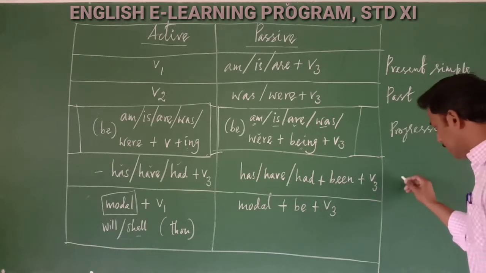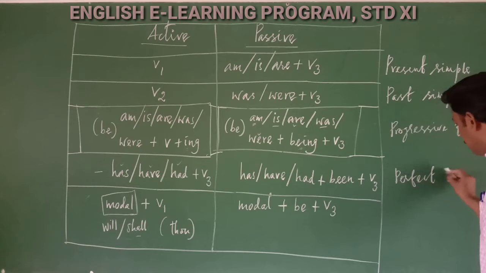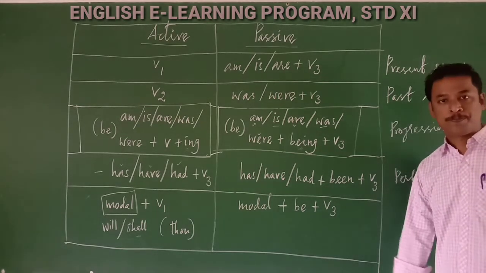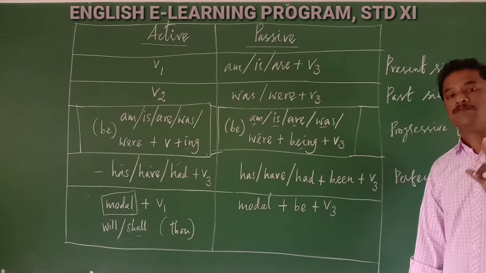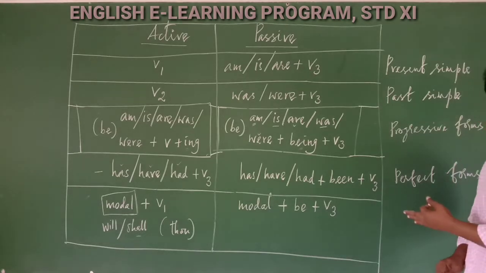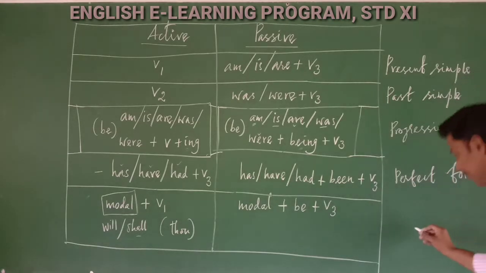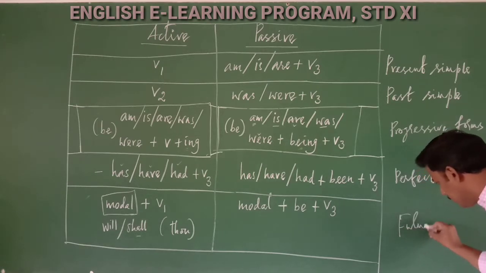Then the last one is perfect forms, especially present perfect, past perfect and future perfect. Okay, the last one is applicable for future simple.